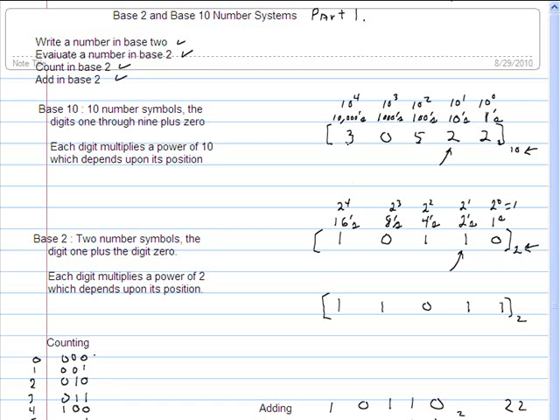So going back to our base 10 number, this 3 is multiplying 10 to the 4, so that's 3 10,000s or 30,000. The 0 is multiplying 10 to the 3, so that's 0 thousands. The 5 is multiplying 10 to the 2, so that's 5 hundreds.